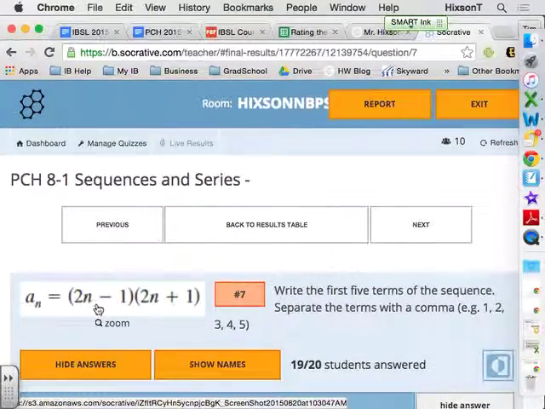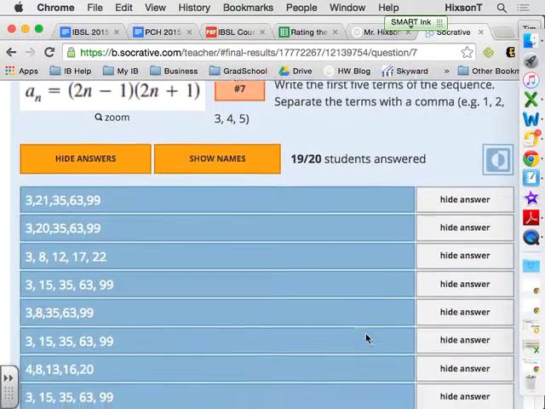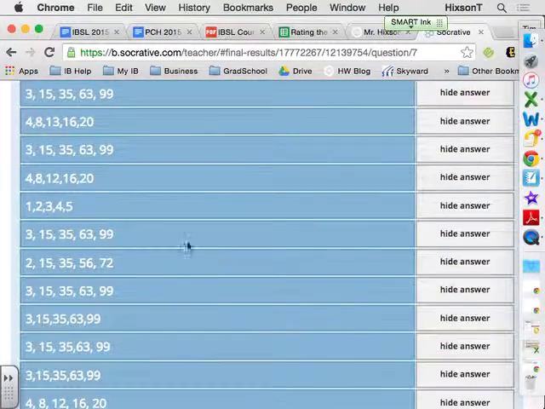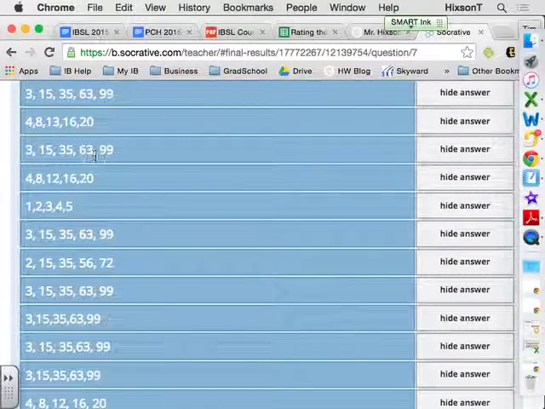If you plug in 1, you'll get 2 minus 1 is 1, and you'll get 2 plus 1 is 3, so your first number should be 1 times 3 is 3. Then when you plug in 2, you get 4 minus 1 is 3, 4 plus 1 is 5, 3 times 5 is 15. So 3, then 15, there's a pattern, okay? Then 35, 63, 99, okay?